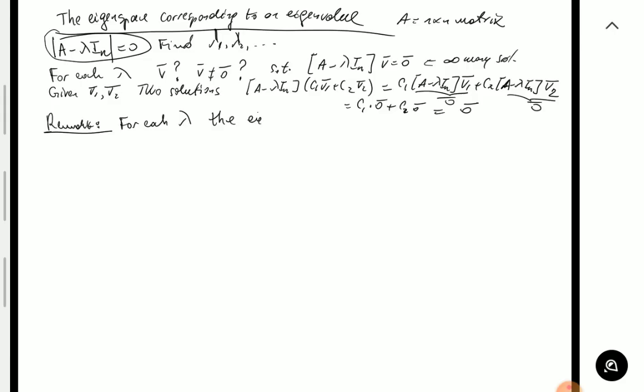So the main remark and the point of this last piece of the course is that for each lambda, the eigenvectors corresponding to lambda form a subspace, which is also called an eigenspace. So basically, the mechanics of dealing with these quantities are like this.